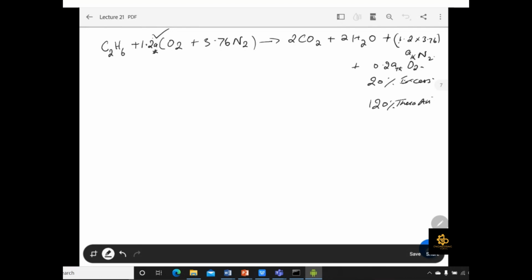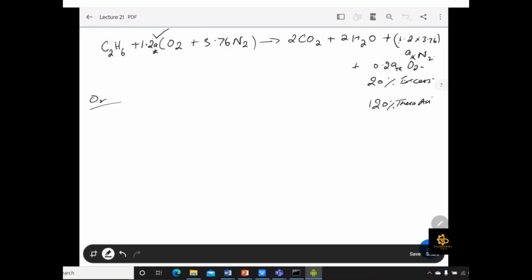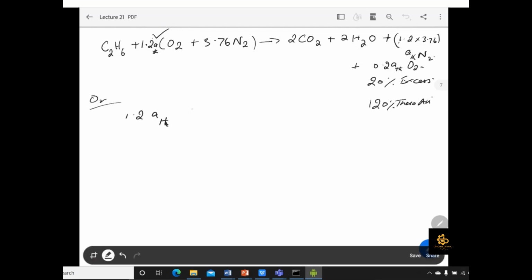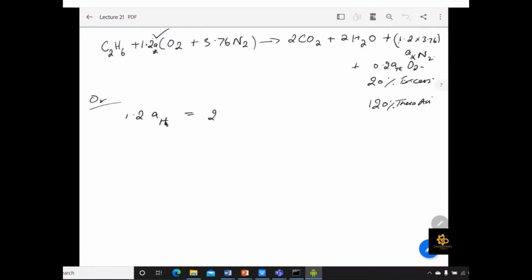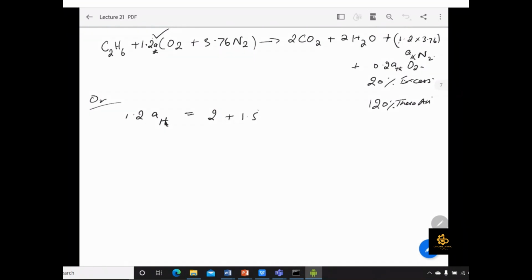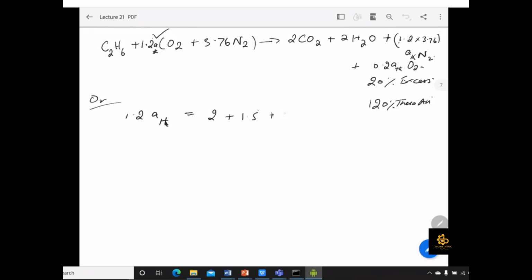So the first thing you have to find from this equation is the ATH. I will apply the balance of O2 from both sides. So we get 1.2 ATH, which is the stoichiometric coefficient, equal to 2 on the product side plus 1.5, because it's the monatomic oxygen with the H2O, and then plus 0.2 ATH, which is over there.